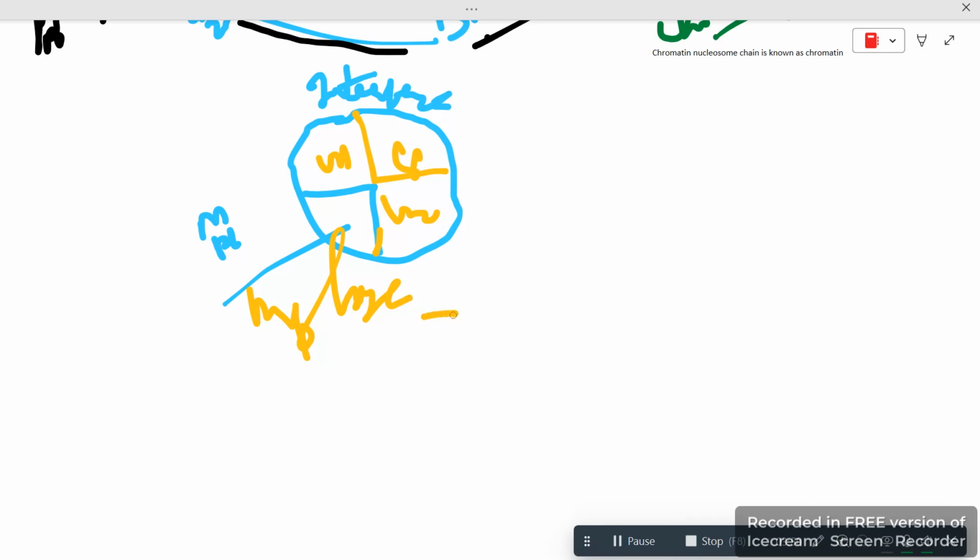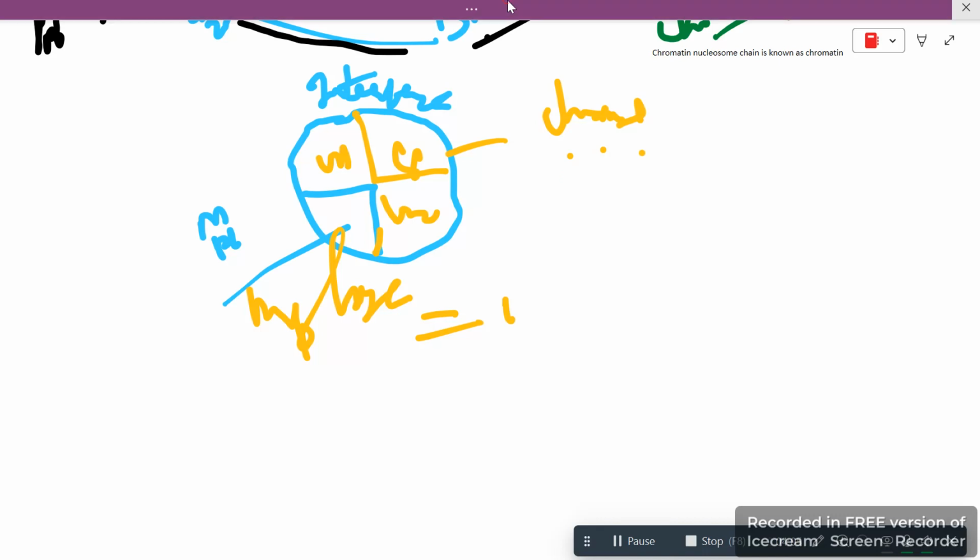During the M phase, the cell's DNA forms chromatin, we know. Suppose here chromatin is done, and chromatin here is simply a chain that is formed. Then this chromatin would be converted. Where would it be converted?